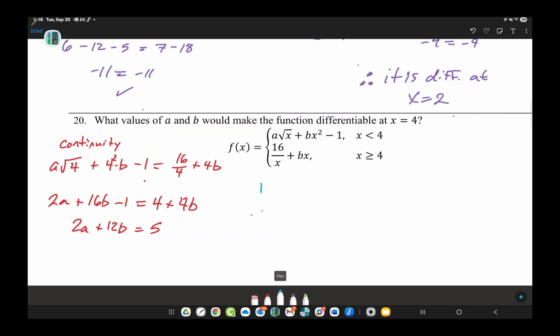So f prime of x is equal to, it's a little fun, we get 1/2 times a times x to the negative 1/2 plus 2b, and we get negative 16 over x squared plus b.